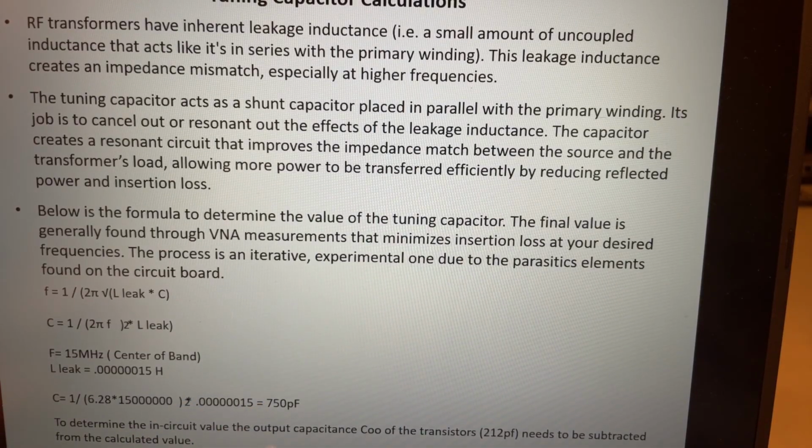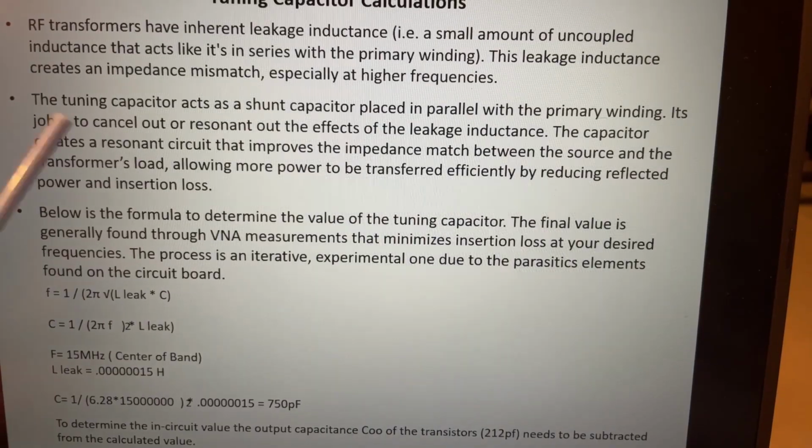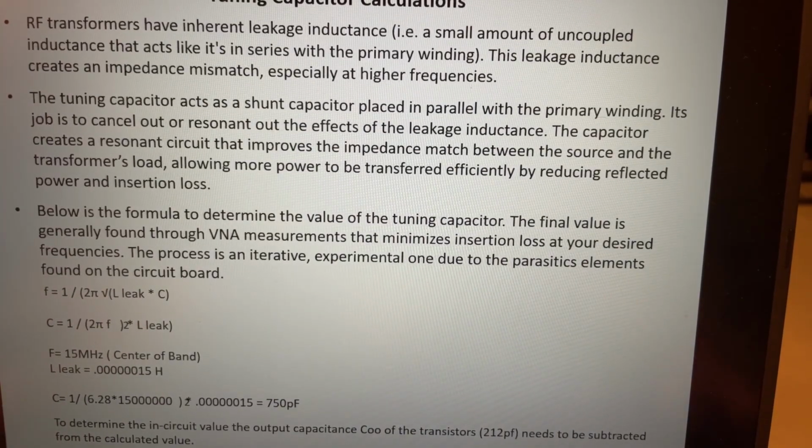For a BLF188 transformer, if you go to the data sheet and look at the output capacitance, Coss, it's 212 picofarads. So you'd have to subtract that from the 375 picofarads, which gives you about 112.5 picofarads. And again, there are parasitics, so my tuning ends up around 120, so it's very, very close. That's the formula for resonance, and you see the method does work reasonably well.